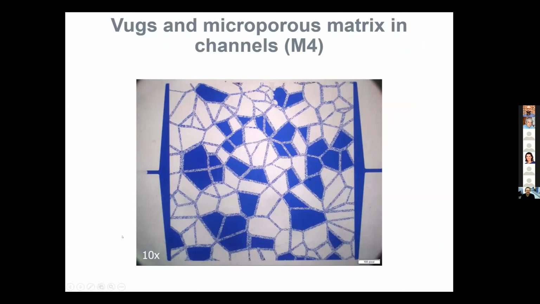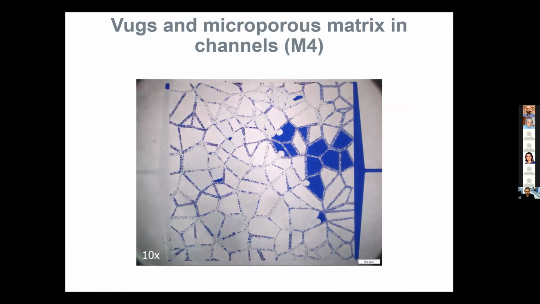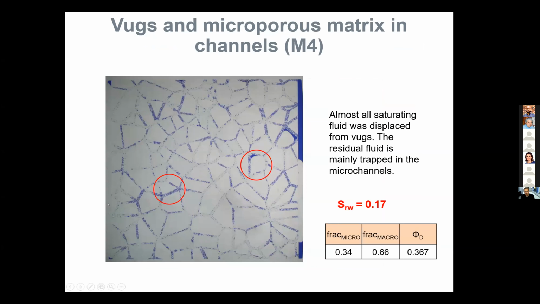Here, the last case, which considers the presence of vugs, big channels in the system, together with some microporous matrix. It's really interesting to see here that almost all the fluid in the vugs was displaced.